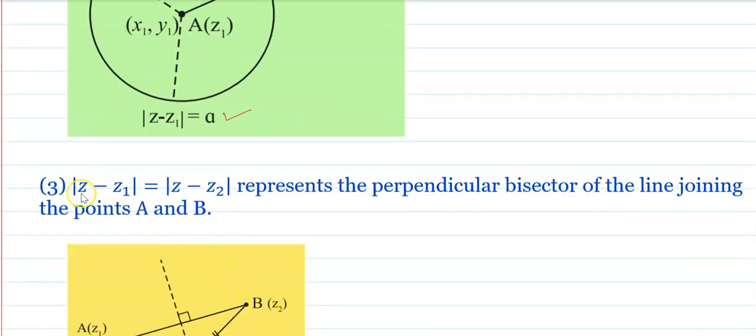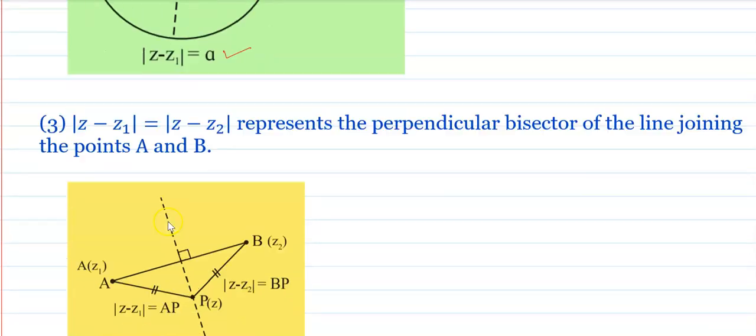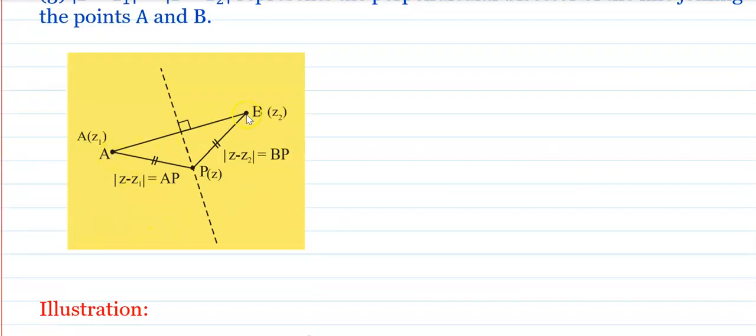Next, mod of z minus z1 is equal to mod of z minus z2 represents the perpendicular bisector of the line joining the points A and B. This is the line segment joining the points A and B. If we draw the perpendicular bisector and take any point P on this bisector, then it is clear that AP is a distance and PB is a distance, and both are the same.